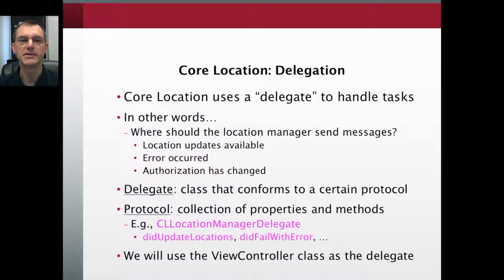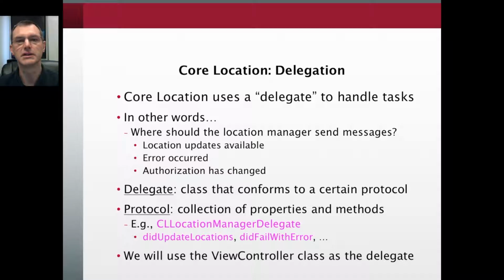Specifically, the messages that we'll be wanting to handle are when a location update is available, we want to receive a message. If an error has occurred, we'll want to receive a message. And if the user has changed the authorization to the location services, we want to be notified of that as well. So more generally, a delegate is a class that conforms to a certain protocol.